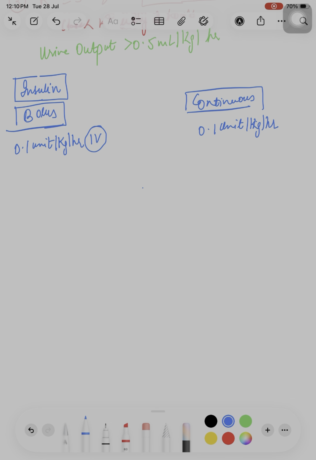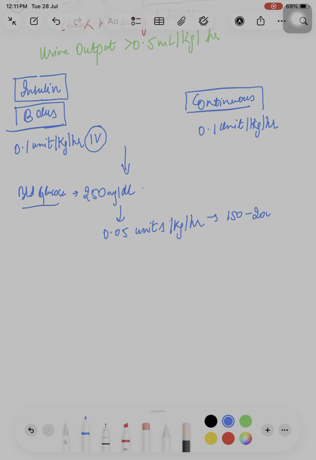So when blood glucose reaches 250 milligram per deciliter, decrease the infusion rate to 0.05 units per kg per hour to maintain the blood glucose at 150 to 200 milligram per deciliter, right?